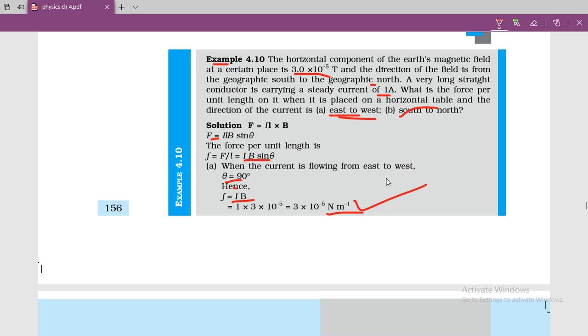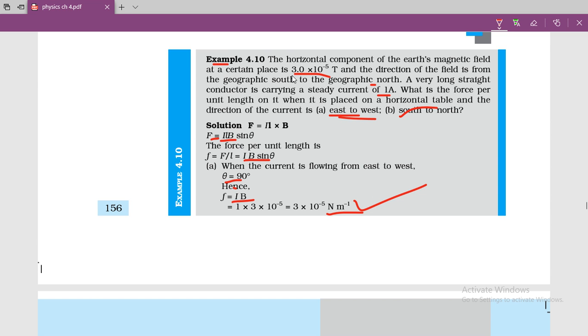I hope you understand this question. So the first part of this question has been completed, and the most important point to solve this question is you must remember this formula, that is the formula for force on a current carrying conductor placed in a uniform external magnetic field.